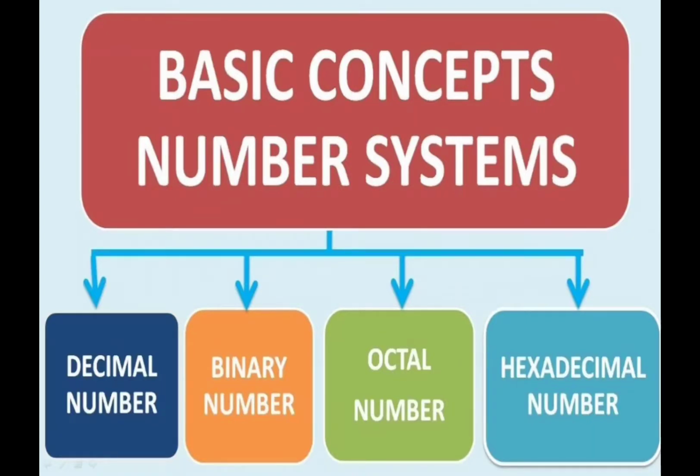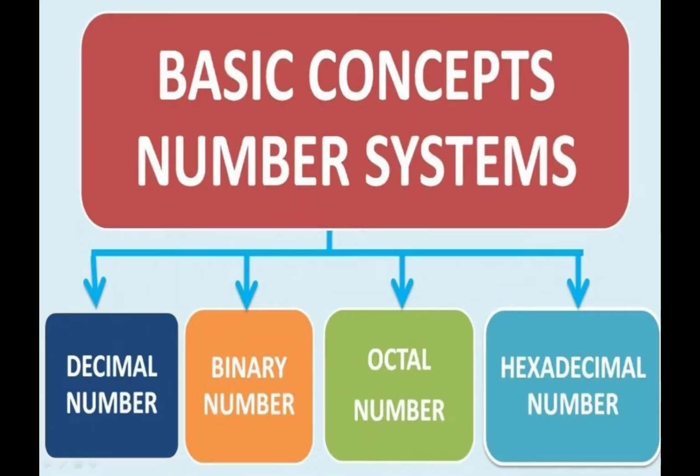In number system conversion, we will study how to convert a number of one base to a number of another base. There are a variety of number systems such as decimal, binary, octal, and hexadecimal. In the number system, each number is represented by its base.